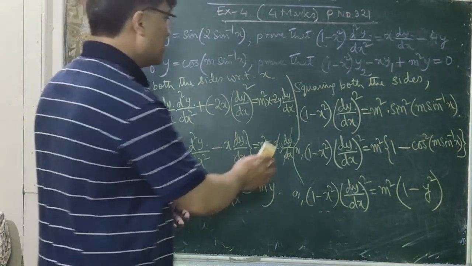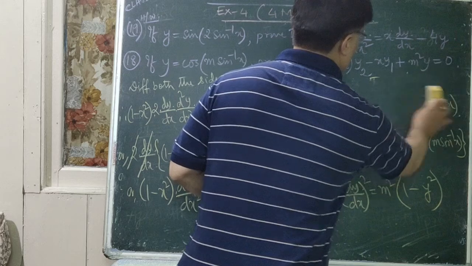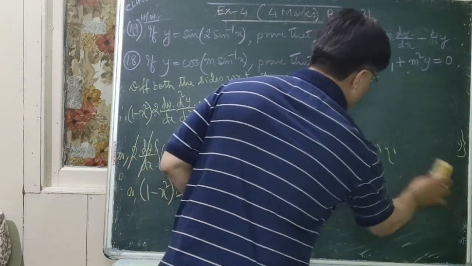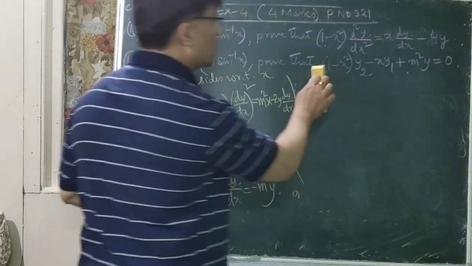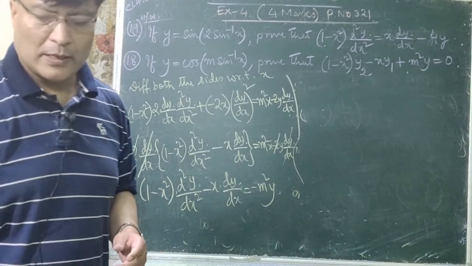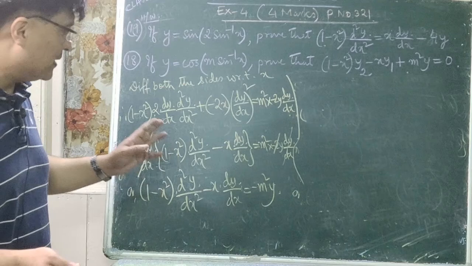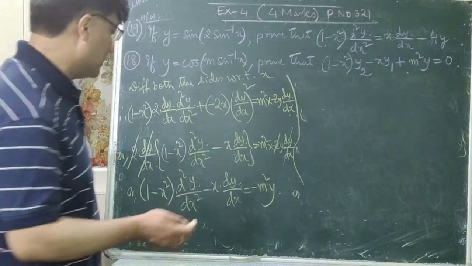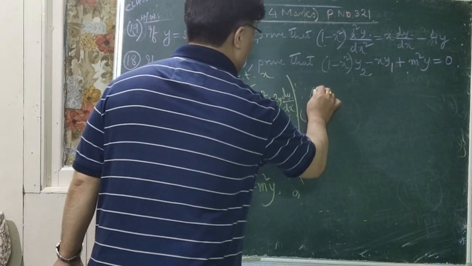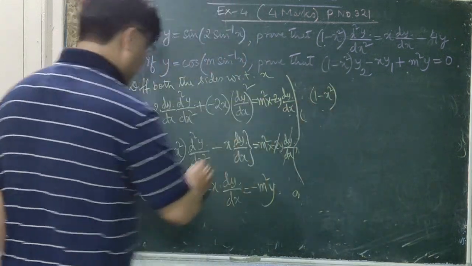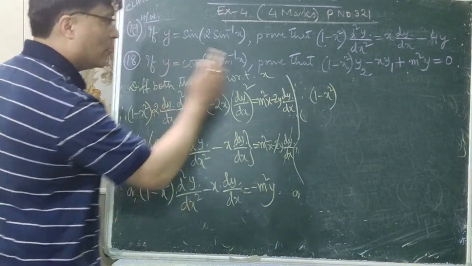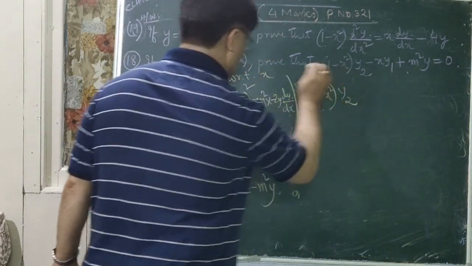Now next, you can replace d2y by dx square by y2 and dy by dx by y1. So what do we get? Therefore 1 minus x square into, what is d2y by dx square? y2, right?